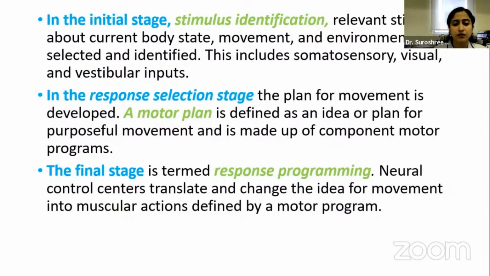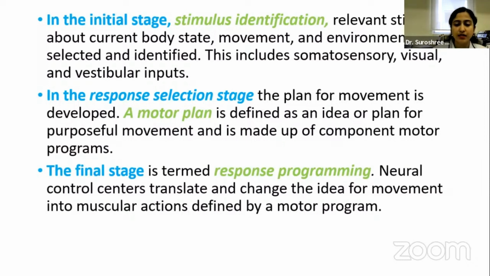Then in the response selection stage, the plan for movement is developed. As we already saw, the motor plan is defined as an idea or plan for purposeful movement and is made up of component motor programs, like holding it, the force, the range, everything. They are the small components which, when combined together, give you a good motor output.